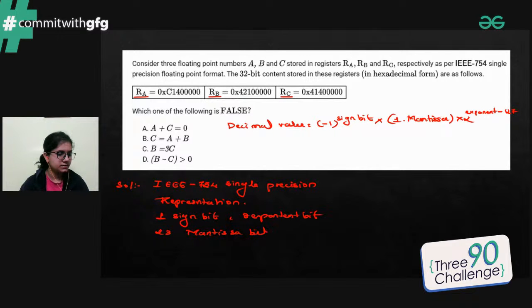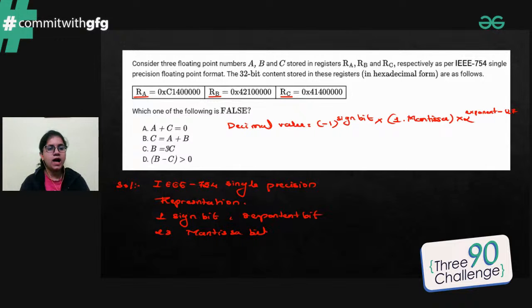Yes, correct, Nishu. The bias is 127 for single precision, and for double precision it is 1023. Yes, correct. Now let's convert it.